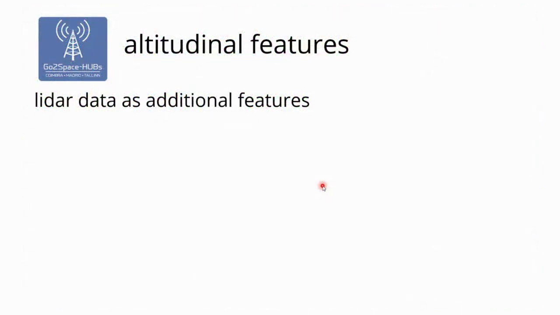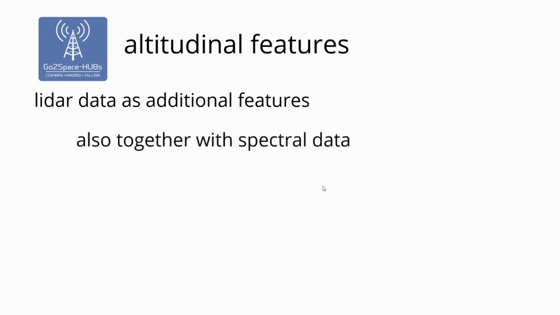And for the end of this part, altitudinal features. We can use LiDAR data as an additional data source, as additional features, and again, we can use it together with spectral data.